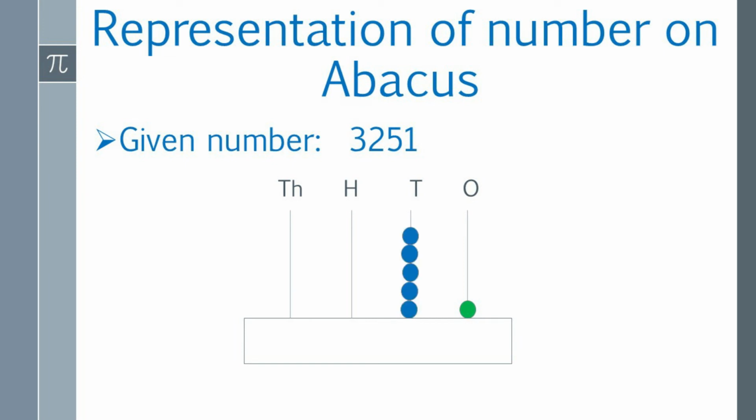So we will put 5 blue beads at tens spike. We have number 2 at hundreds place. So we will put 2 yellow beads at hundreds spike. And in the last, we have the number 3 at thousands place, so we will put 3 red beads at thousands spike.